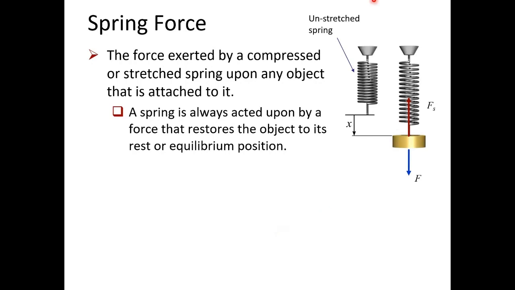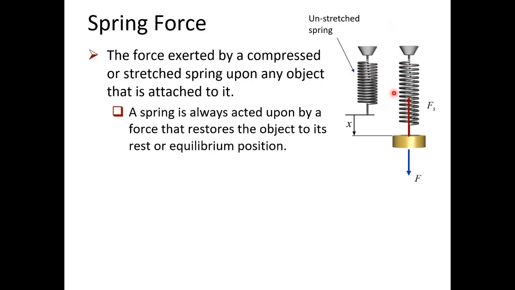Spring tries to get back when you stretch it or when you compress it, depending upon the type of spring. There are two types, compressive springs and tensile springs. Tensile springs we use to stretch, and compressive springs we use to compress. Whatever it is, a spring always tries to get back to its original position.